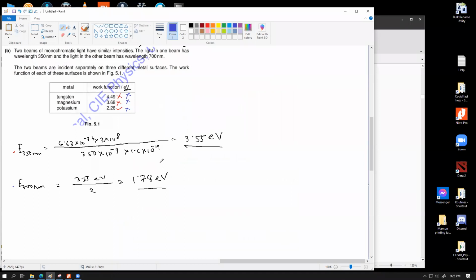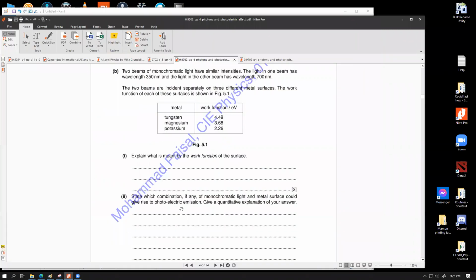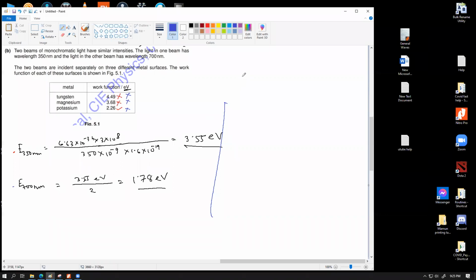Alternately, what you could do is convert all of these things into relevant wavelengths. Did we do this in this question or some other question? Okay, never mind. So have a look. Understand the second method.